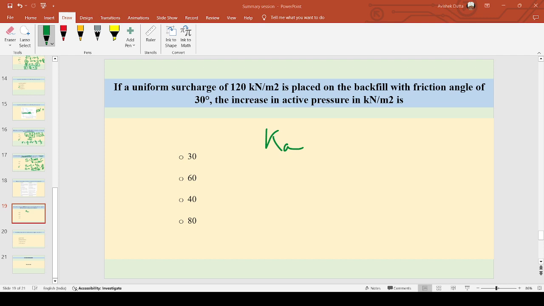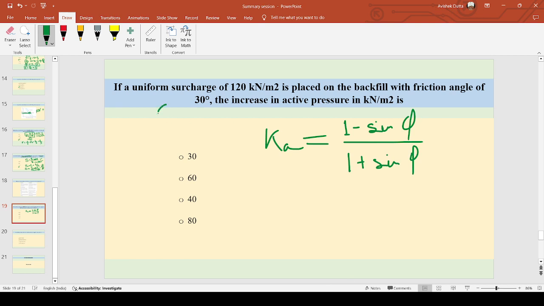So you can see here that the formula for Ka, the coefficient of active earth pressure, is 1 minus sin phi divided by 1 plus sin phi. What is the value of phi?